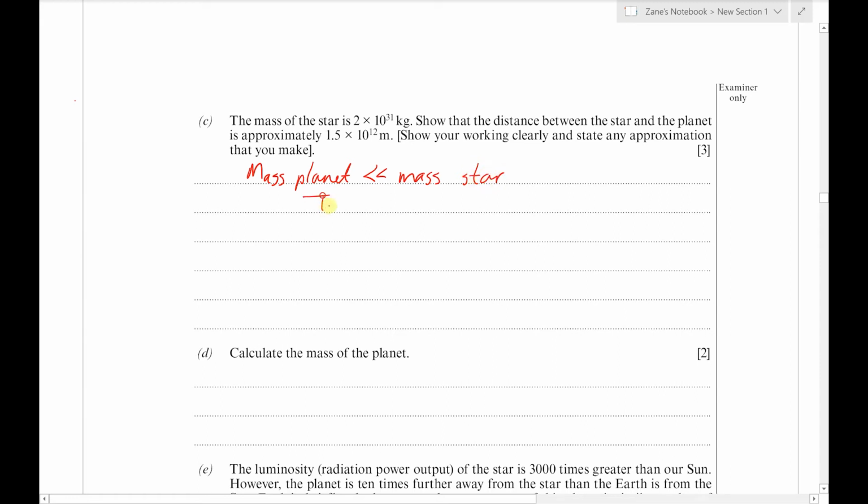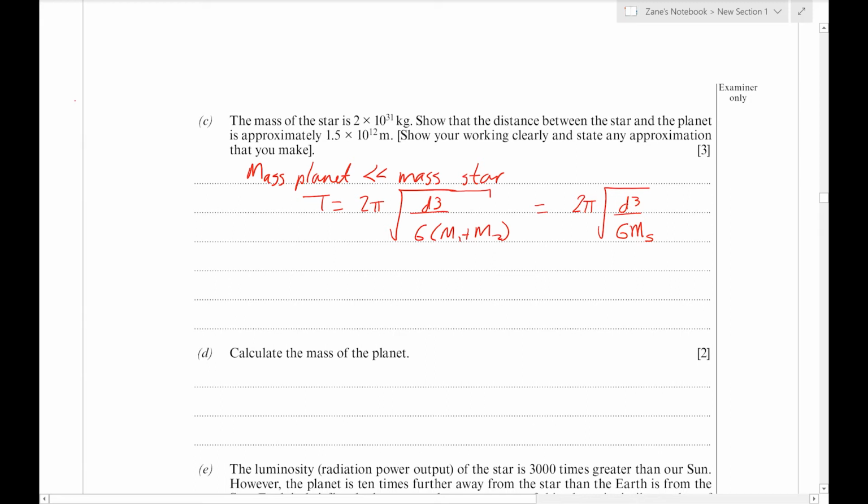And then we're going to use the T equals 2 pi root d cubed over G(m1 plus m2) formula. But here, because the mass of the planet is very much smaller than the mass of the star, this will simplify to T equals 2 pi root d cubed over G Ms, mass of the star there.